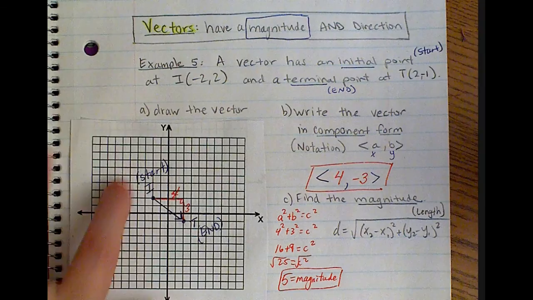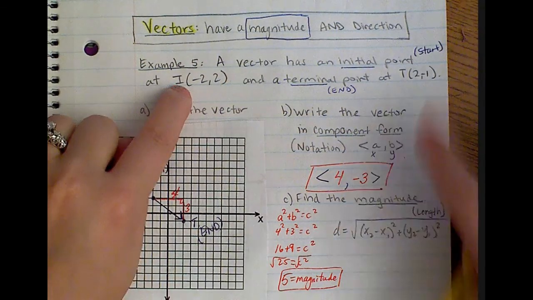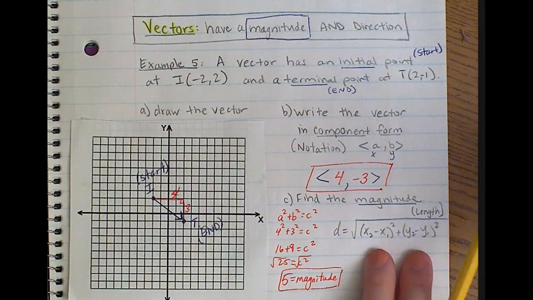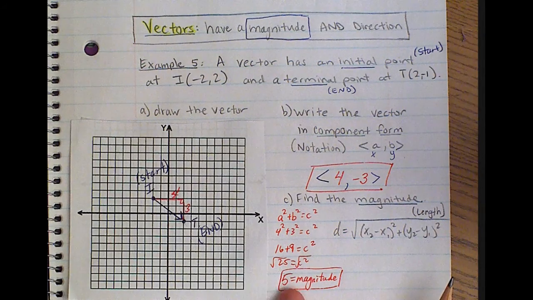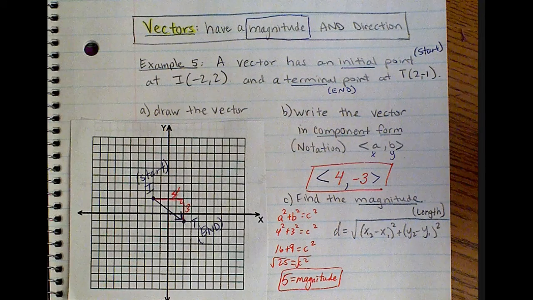And you would plug in the coordinates for I and t into our distance formula. And if you go ahead and solve that, you should end up with the same magnitude of 5. You can pick whichever method you prefer when finding the magnitude, but you do need to know one of the 2 methods.